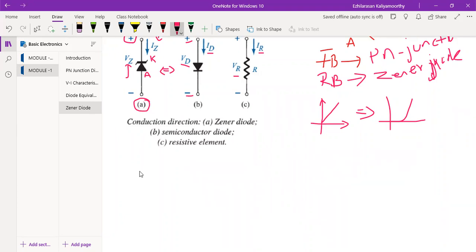When the reverse voltage applied across the Zener diode exceeds the rated voltage of the device, a process called avalanche breakdown occurs. So let me put that for you, your condition. Some condition I'll put here.